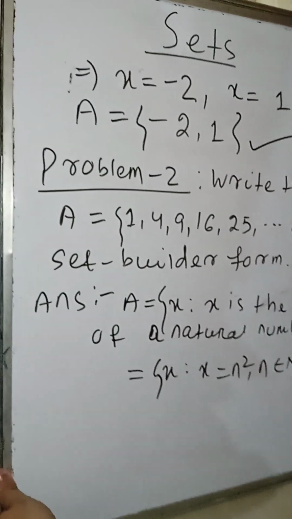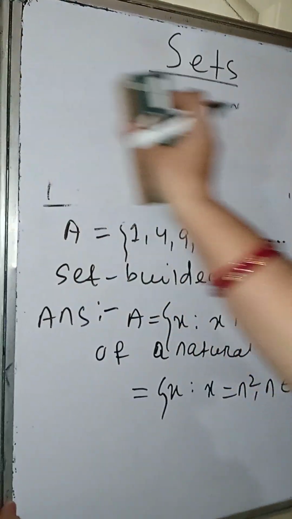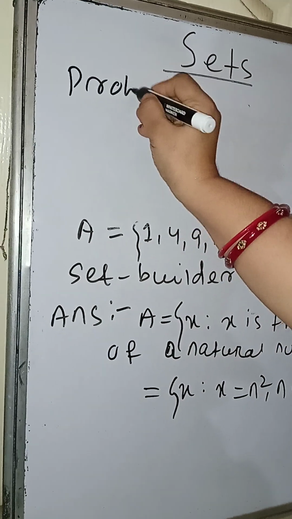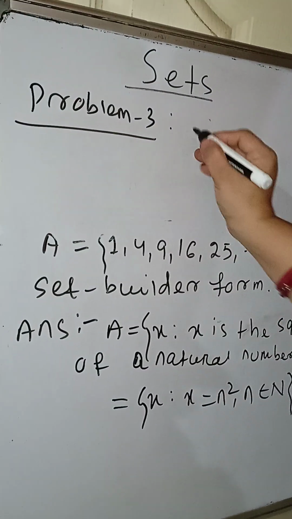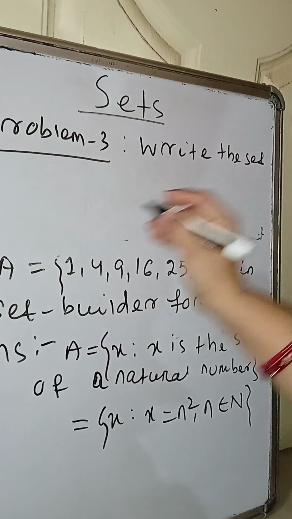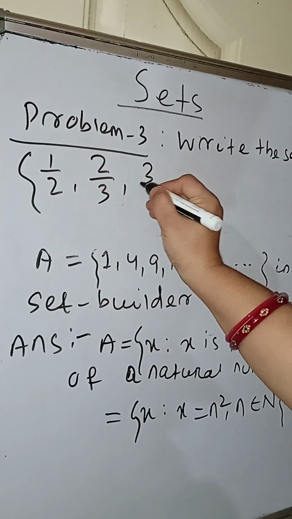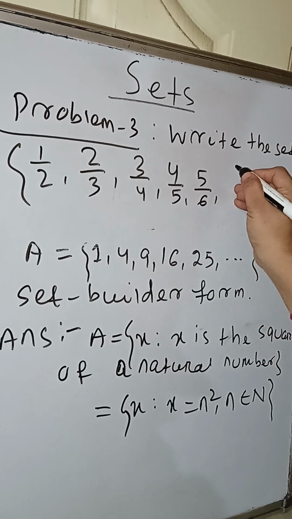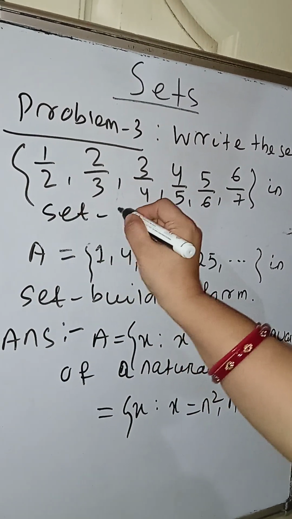Now let us solve another problem. Problem 3. The question is, write the set 1 by 2, 2 by 3, 3 by 4, 4 by 5, 5 by 6, 6 by 7 in set builder form.